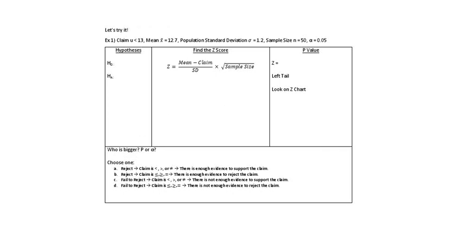So our claim is that mu is less than 13. We have a mean of 12.7, standard deviation 1.2, size 50, and alpha is 0.05.